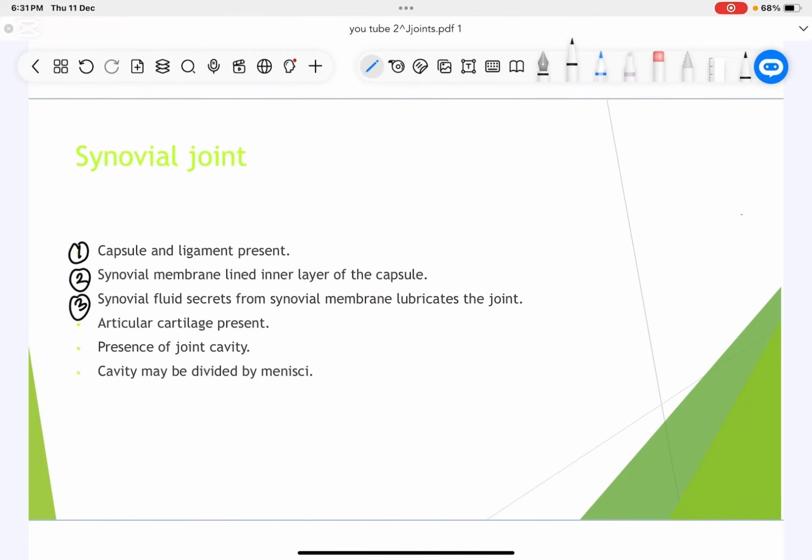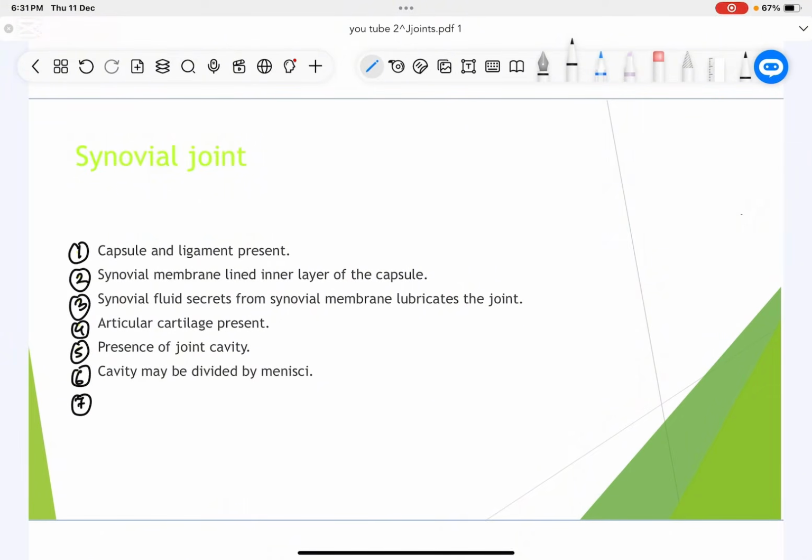Number 3, synovial membrane will be secreting synovial fluid which actually lubricates the joint. Number 4, articular surface will be covered by articular cartilage. Number 5, the joint has a cavity. Sometimes the cavity may even be subdivided by a cartilage. We are saying it is called menisci.